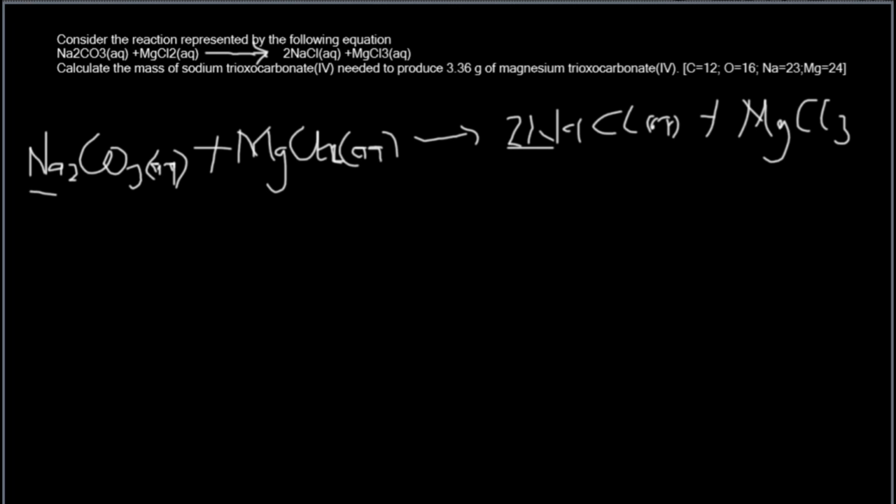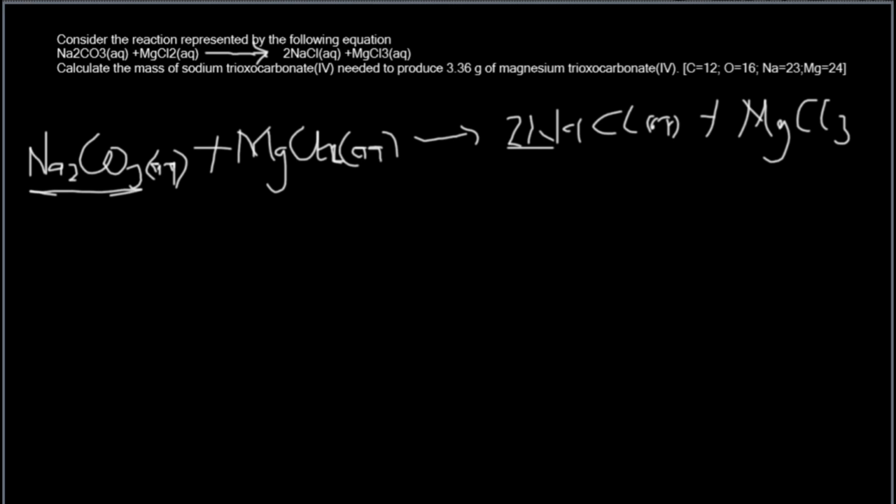O is 3 here and 3 there, so it's balanced. So let's see, calculate the mass of sodium trioxocarbonate IV needed to produce 3.3 grams of magnesium trioxocarbonate.